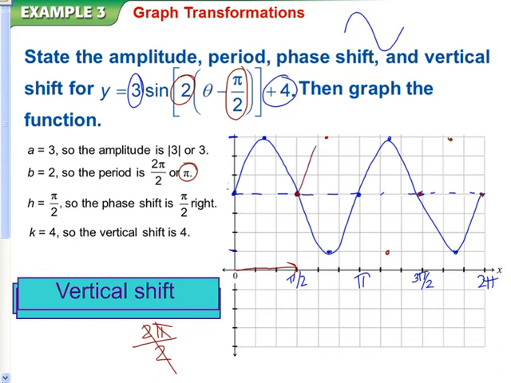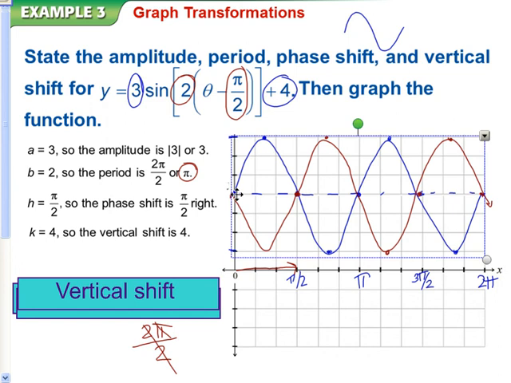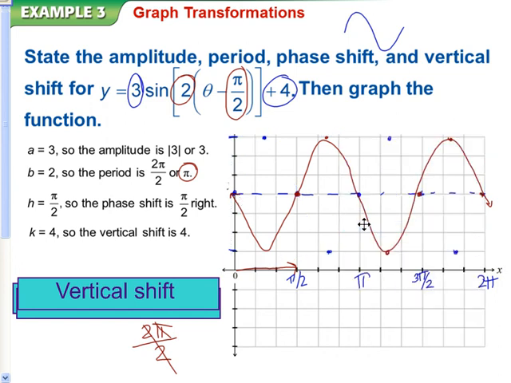So the graph ends up looking like this. And I need to go back now and kind of estimate where this would be. Like that. And now you need to get rid of the original one. So there's our graph for that one.